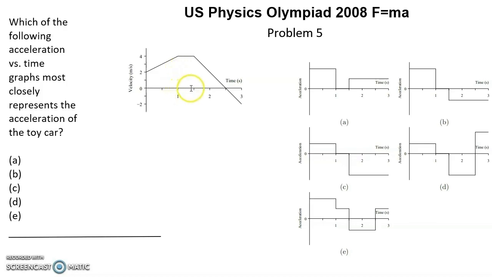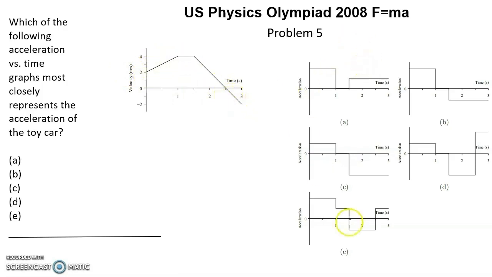From 1 to 1.5 we have 0 acceleration, and from 1.5 till 3 we have negative acceleration, -4. So here we have +2, 0, -4.